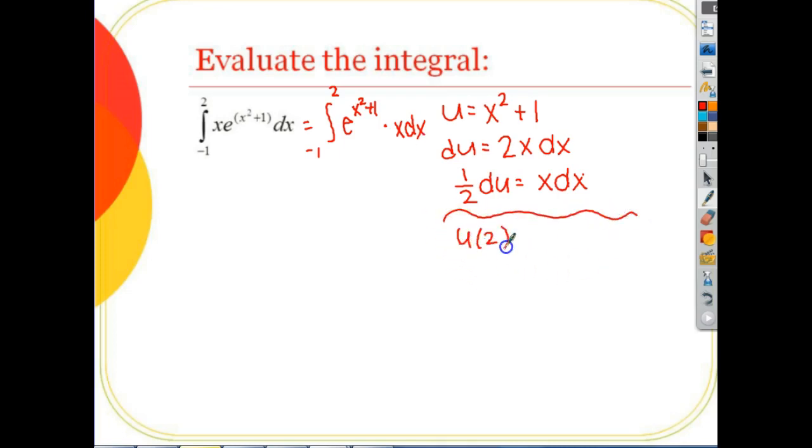You need u of 2 and u of -1. 2 squared is 4. 4 plus 1 is 5. -1 squared is 1. 1 plus 1 is 2. So we have 1/2 the integral from 2 to 5 of e to the u du.